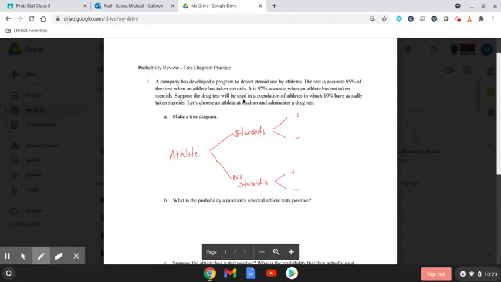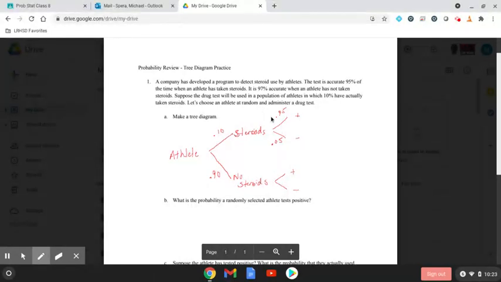So again, suppose the drug test is used in a population of athletes in which 10% have taken steroids, which means 90% do not. The test is accurate 95% of the time when the athlete does. So this would be 0.95, and then 1 minus 0.95 would be this number here.